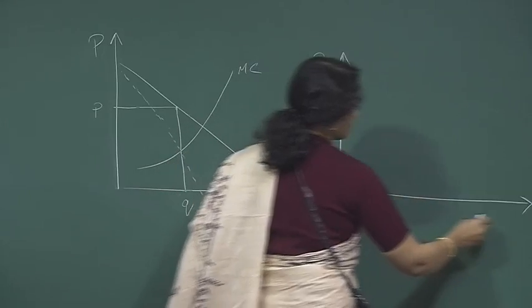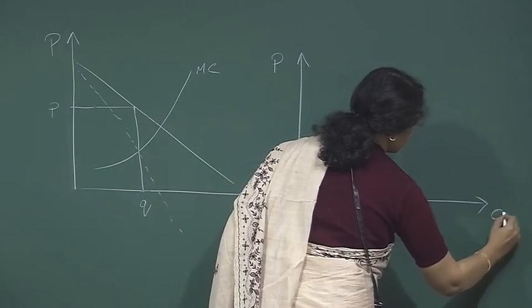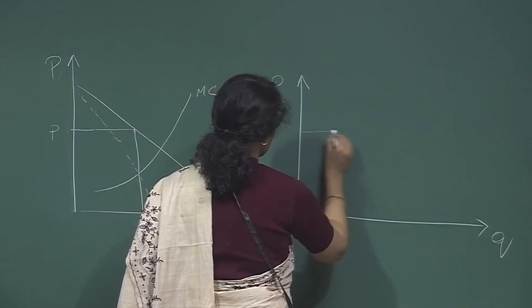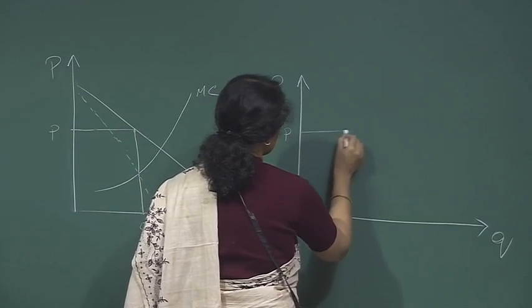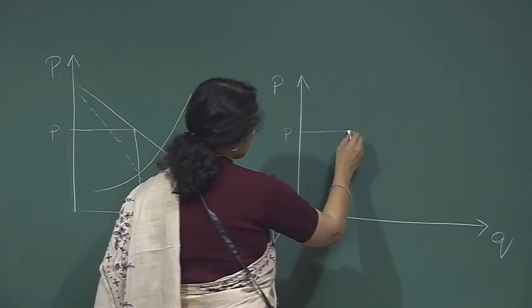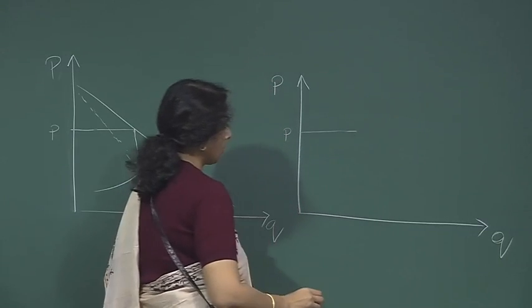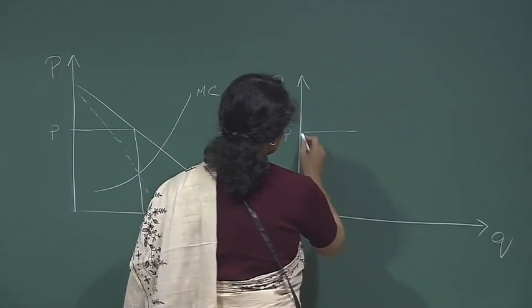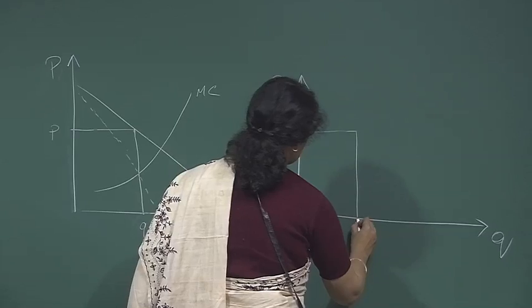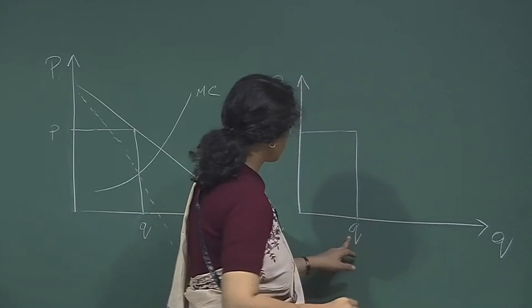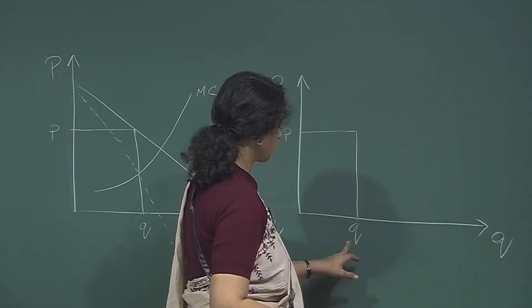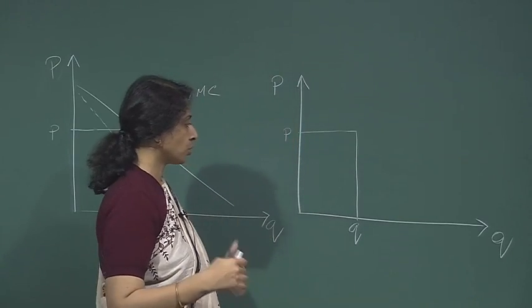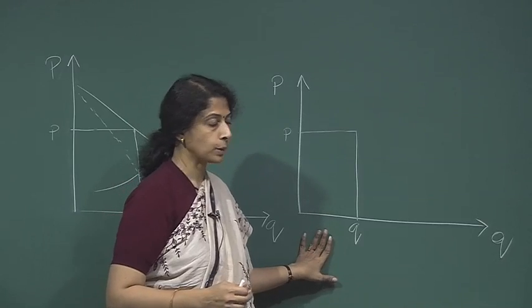So this is P, this is Q, and say this is the equilibrium P in the market. So if this is the P in the market and say the firm was selling a quantity of amount Q, and there are a few more rivals in the market who are keeping a close watch on this firm.